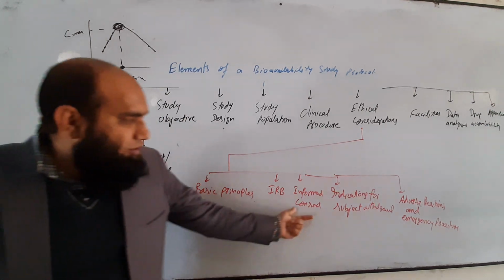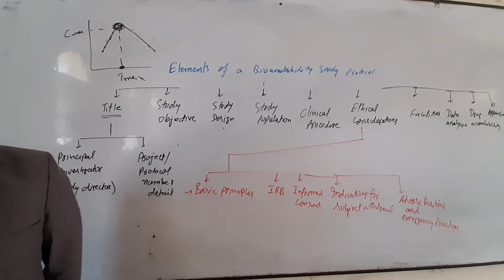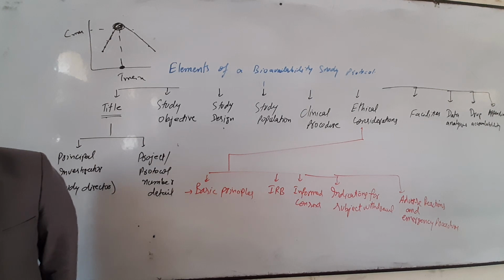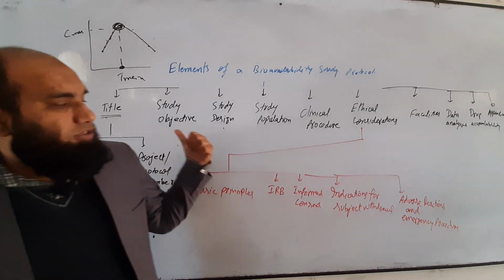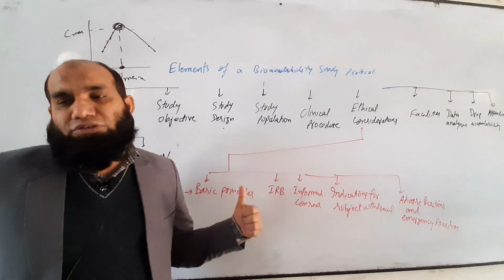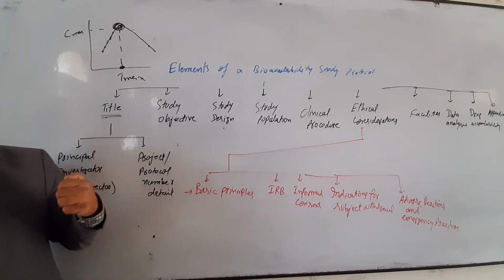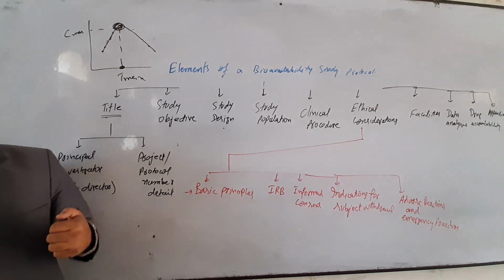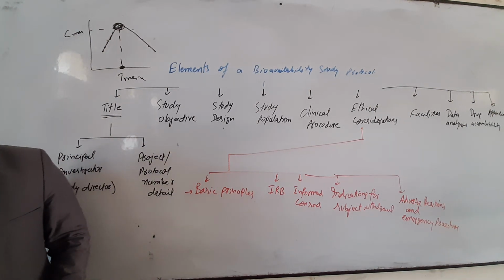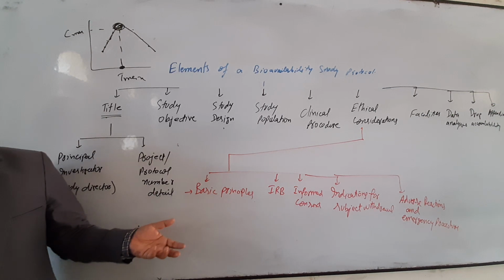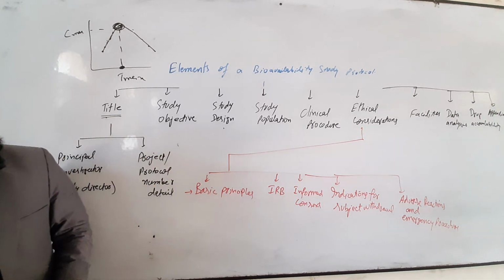Informed consent. This type of consent is taken from the healthy volunteers. The principal investigator will provide them the details of the project: what type of drug it is, how many doses they have to be given, how many samples they will have to take from the healthy volunteers during the study, and if there are some complications, how they can be treated.